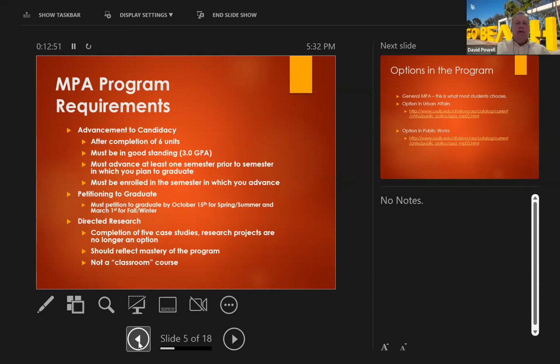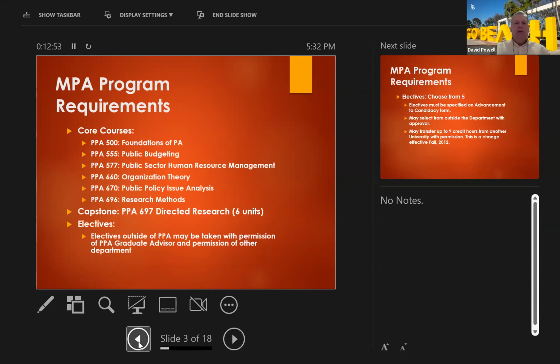And let me go back a step because I'm sure that Dr. Matthews talked about this in the orientation, but just to remind you, 2 of our core courses do have prerequisites. So PPA 555 public budgeting has a prerequisite. You must demonstrate that you have taken an undergraduate microeconomics course in order to get the permit to enroll in public budgeting. That undergraduate economics course could be taken at a 4-year school, at a community college.